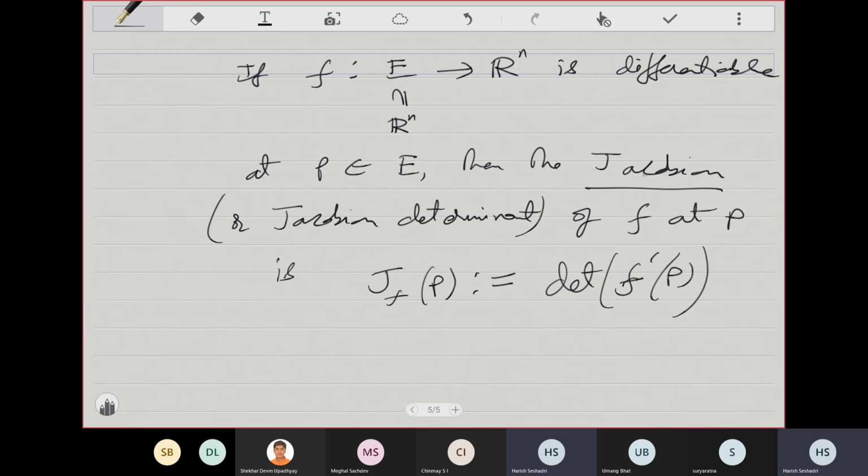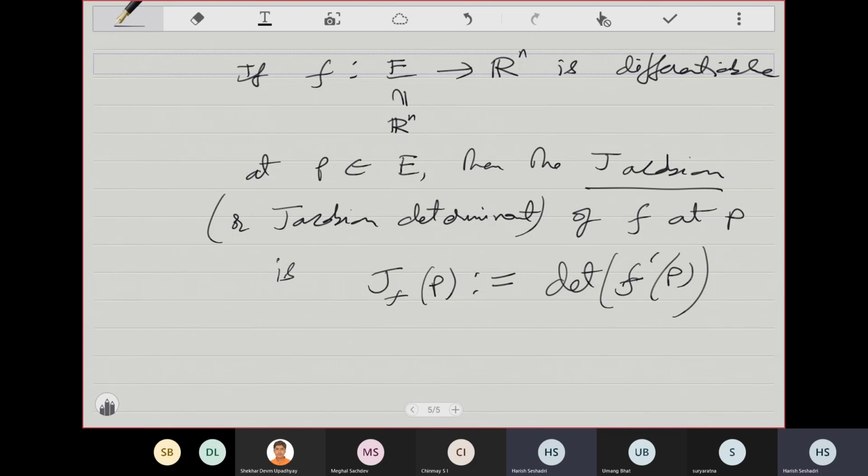This terminology Jacobian is a bit confusing, because some texts use the term Jacobian to denote the full linear transformation, not just the determinant. That's why the safer thing is to say Jacobian determinant. But Rudin uses Jacobian to mean just the determinant of f prime.